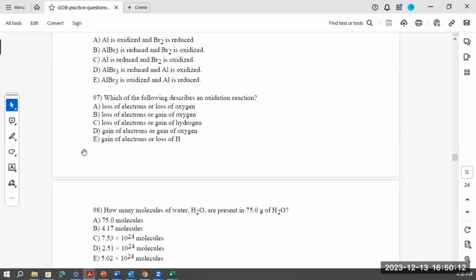Okay. Which of the following describes the oxidation reaction? A. Loss of electrons, loss of oxygen. B. Loss of electrons, gain of oxygen. C. Loss of electrons, gain of hydrogen. D. Gain of electrons, gain of oxygen.